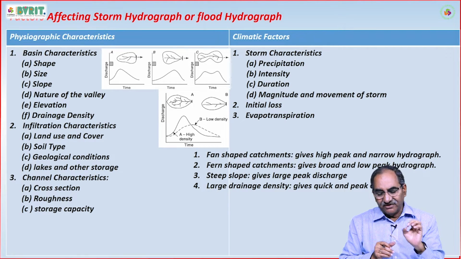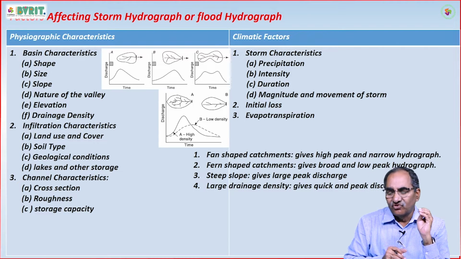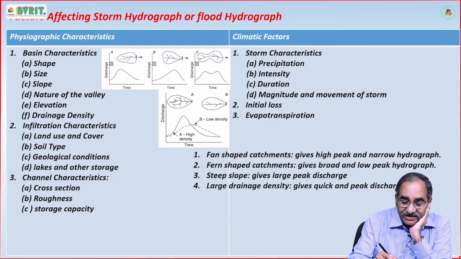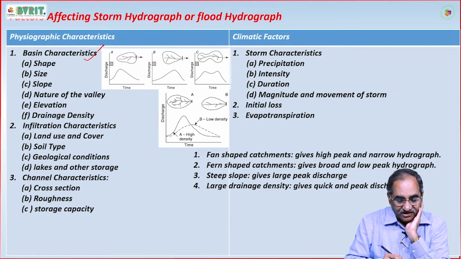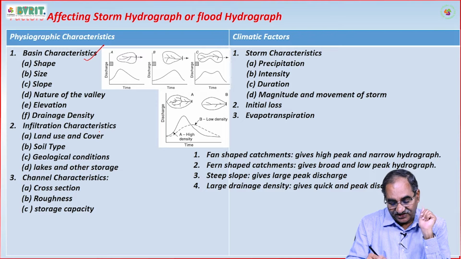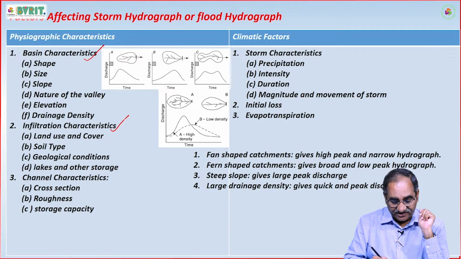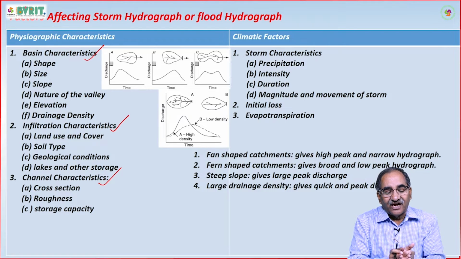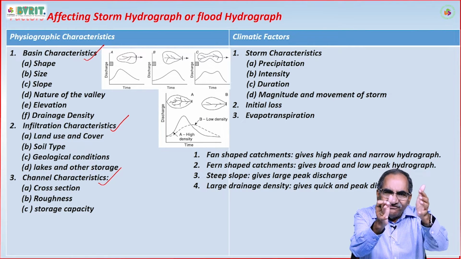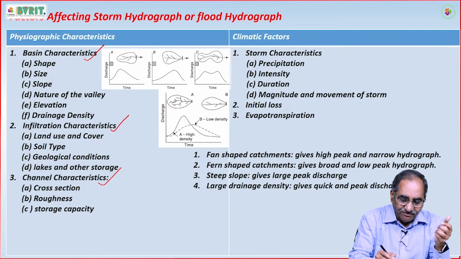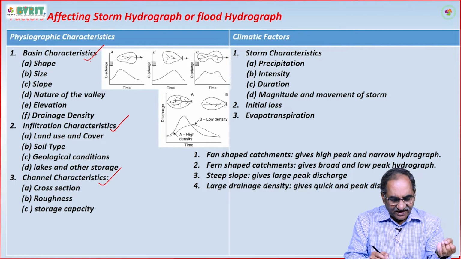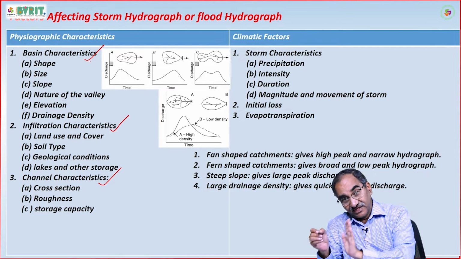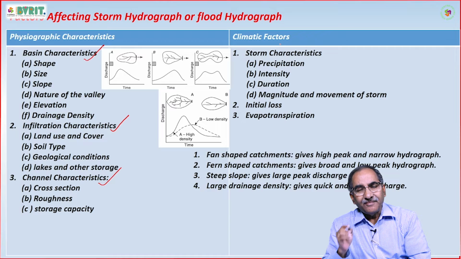I classified them under just 4 headings. What are those 4 headings? Number 1 is basin characteristics. Number 2 is infiltration characteristics. Number 3 is channel characteristics. All these 3 come under physiographic, that means all physical things only. Then the second parameter is climatic factors.